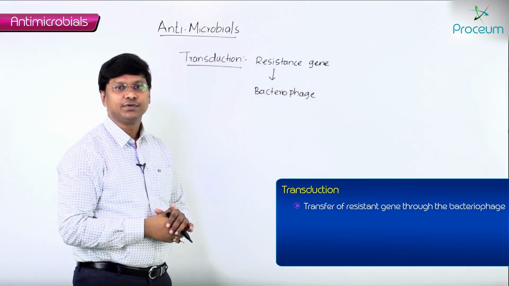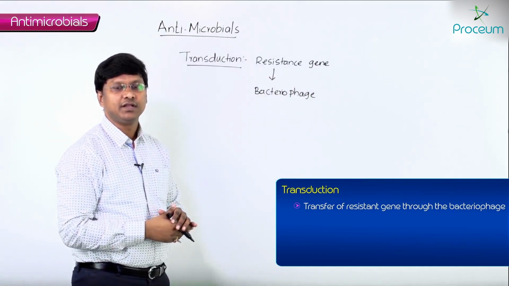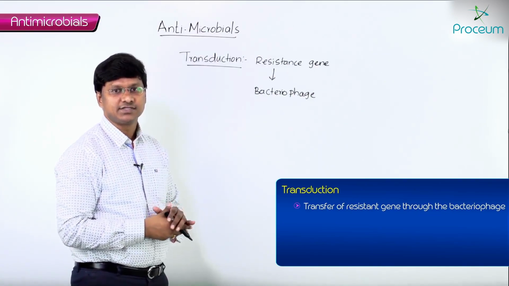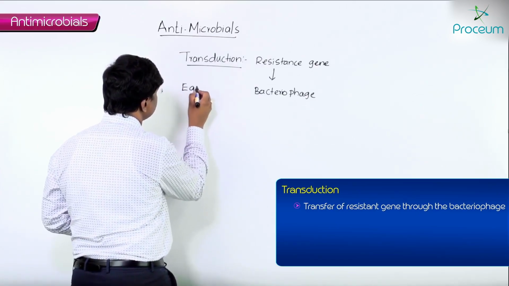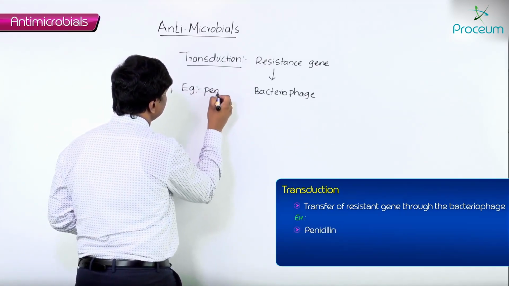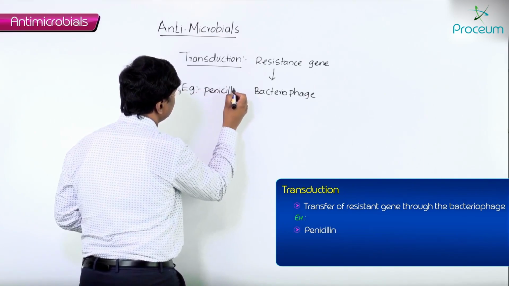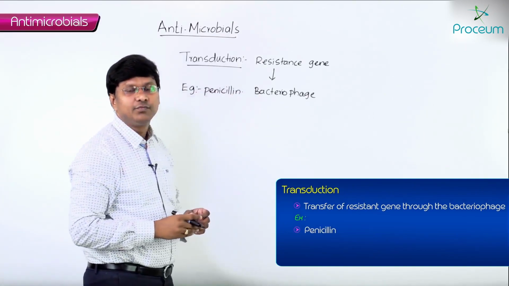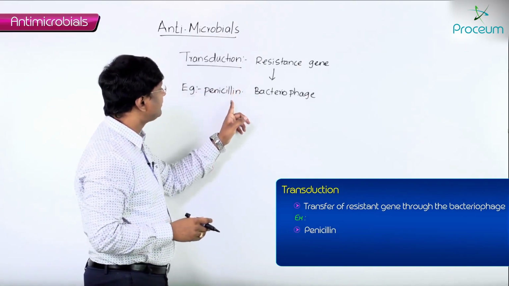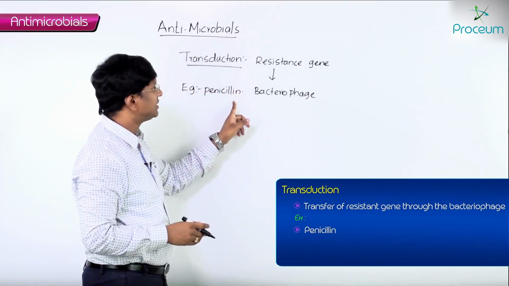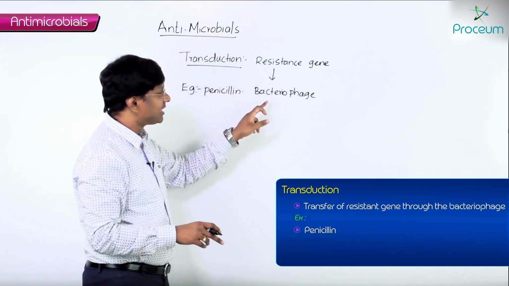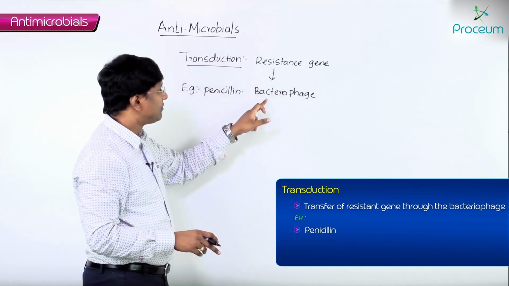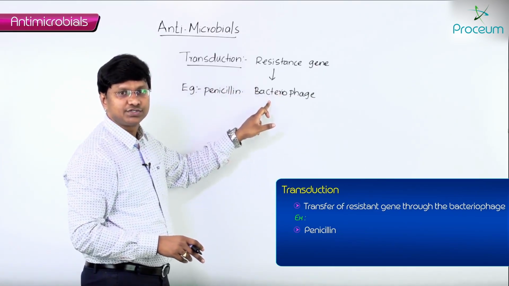Now, let me tell you the antibiotics which will undergo transduction. For example, penicillin will have the development of resistance within the bacteria by the transfer of resistance gene via the bacteriophage.